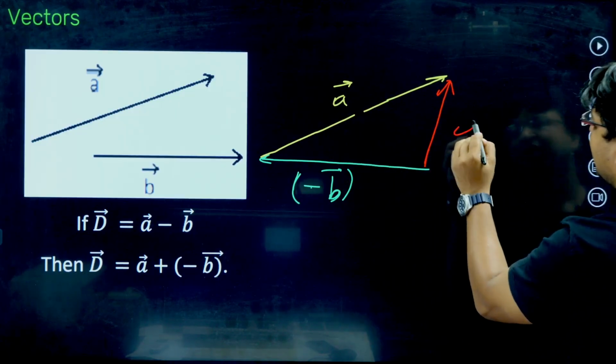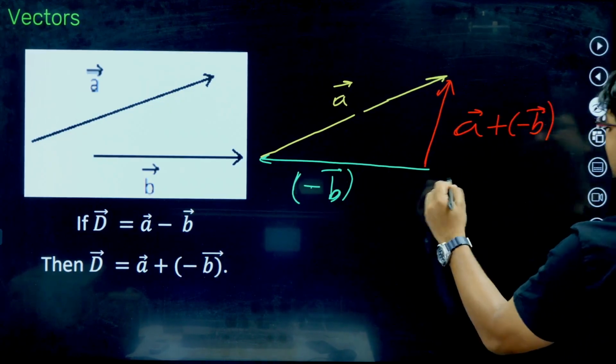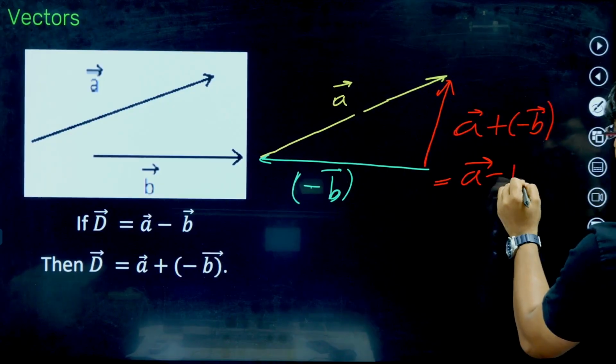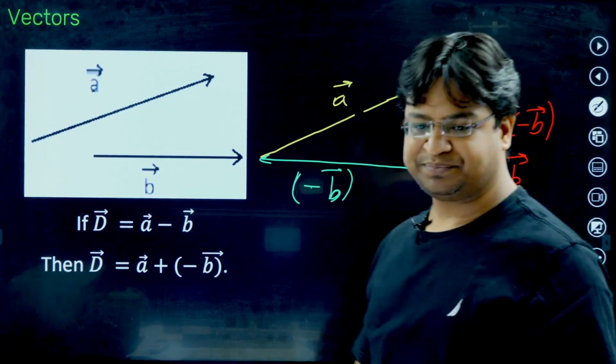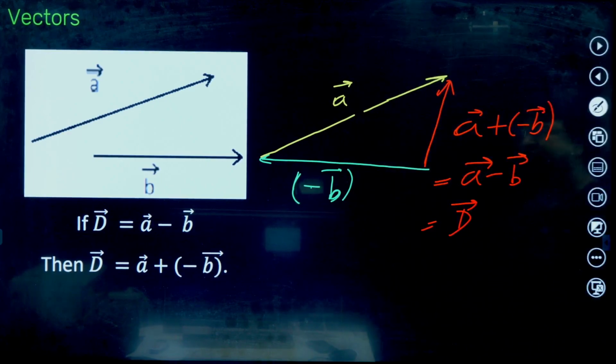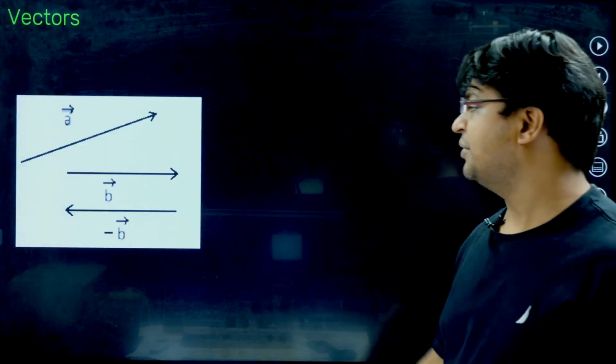This vector is A vector plus minus B vector. So it's actually A minus B vector. That is the difference vector. Getting it, everyone? All right. So that's it. Now this is the copy of B.